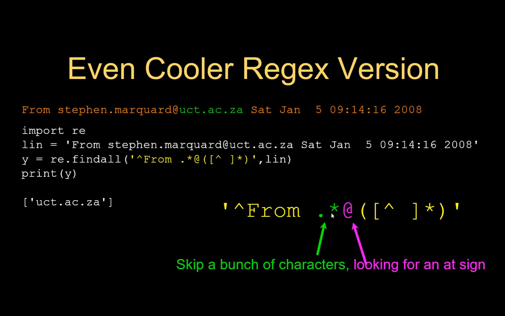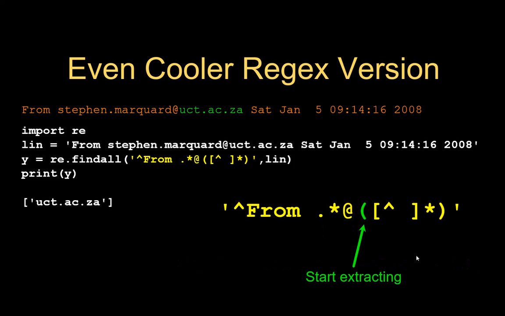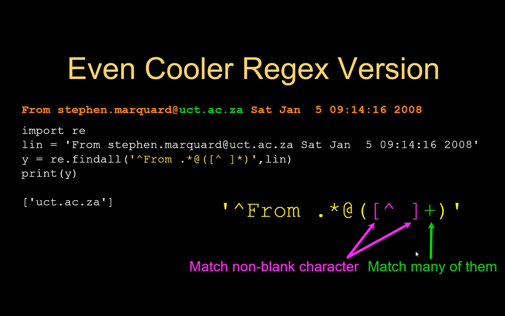Again, here's the explanation that we talked about. Dot star means skip a bunch of characters. At means looking for an at sign. And parentheses mean that this is the part that we are interested in extracting. And this portion we already talked about.